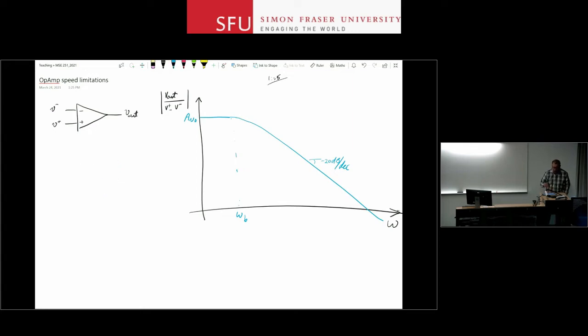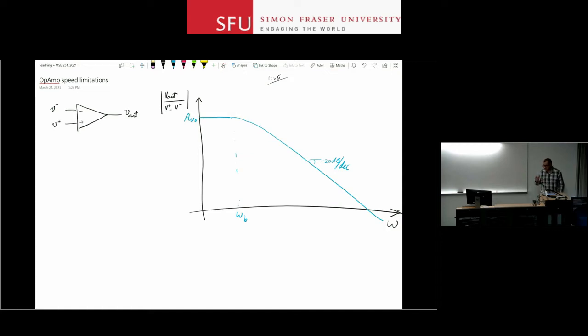So this is by design. This is intentional. The way that the IC designers design the OpAmps, they spend quite a bit of time to get this kind of behavior from the circuit. You can guess that you have a circuit made of, let's say, 20, 30 transistors with all sorts of resistors and capacitors.